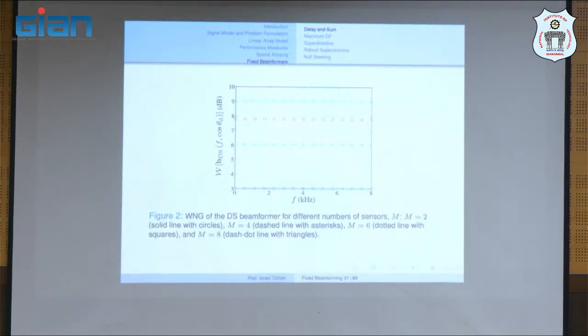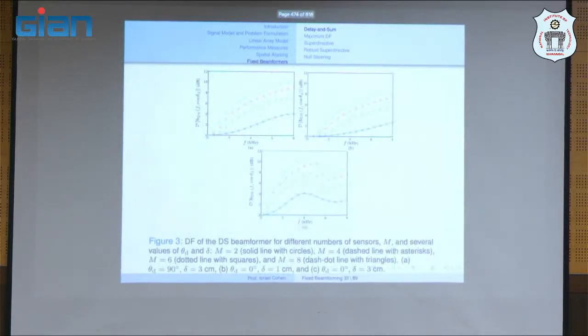Okay, so this is the white noise gain that was achieved using the Delay-and-Sum. We see a very nice, very high white noise gain, of course, because we optimized the white noise gain, so it's the maximum. But what happens to the directivity factor that is obtained by using the Delay-and-Sum beamformer?